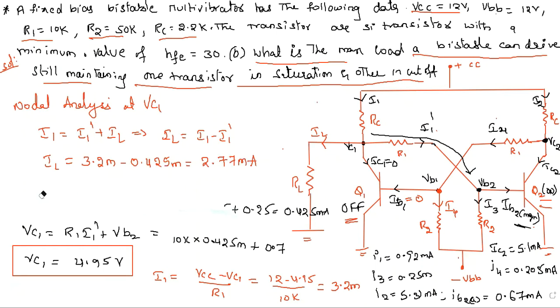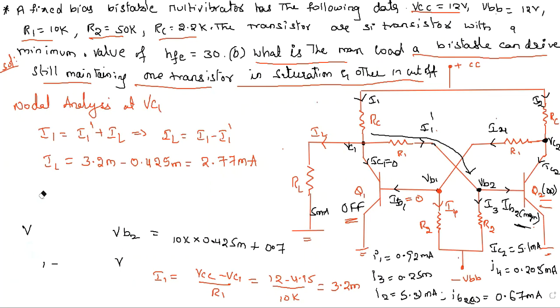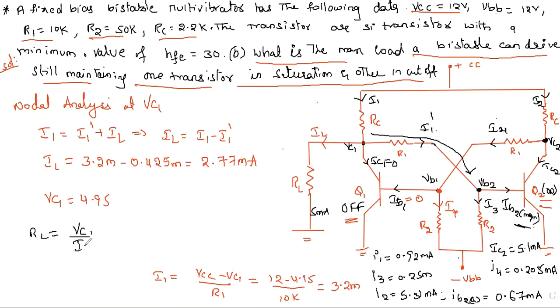I know the value of VC1, which is 4.95. The load driven, RL, is given by VC1 divided by IL, V by I. That is 4.95 divided by 2.77 milliamps, which is 1.78 kilo ohms.